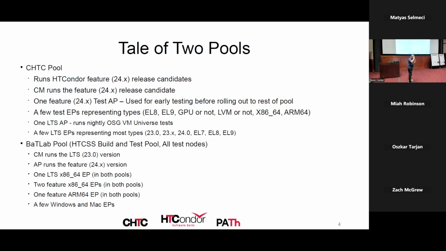Our build process is heavily in DAGMan using Docker jobs. And so we would detect a problem with that right away. And so we have one LTS EP running Docker jobs, and then the rest are feature EPs. And we have a few Windows and Mac EPs mixed in.